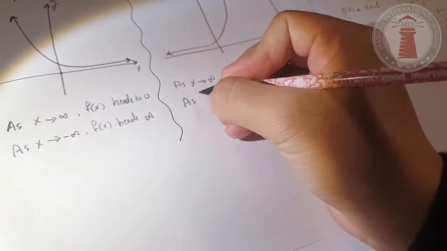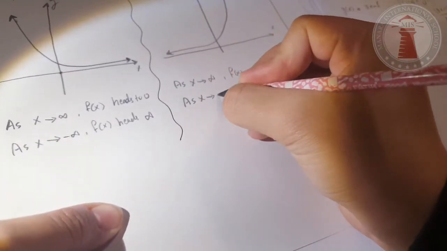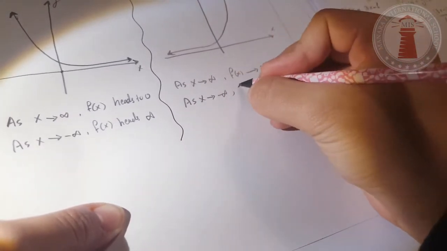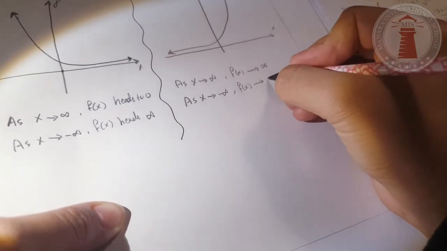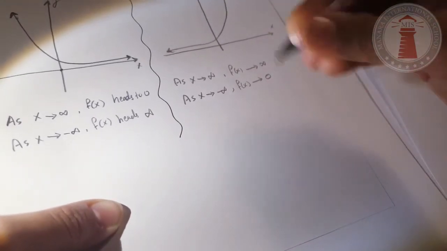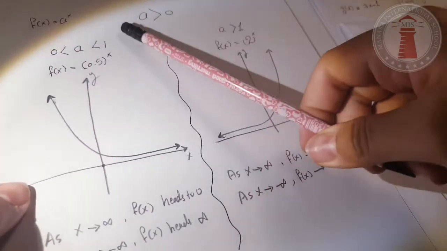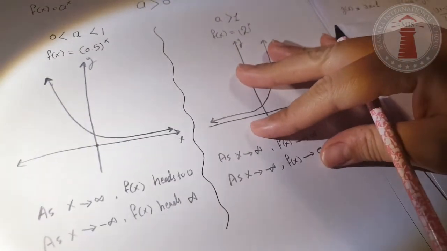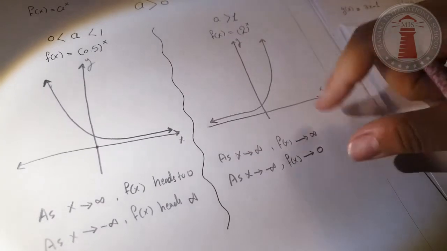And the other part of the end behavior is as x approaches negative infinity, or we can say as x is decreasing, f of x heads to 0. So it's the exact opposite of this one, even though we're still talking about the same function, but in two different cases. Okay, which is strictly increasing in this case, because look at this.